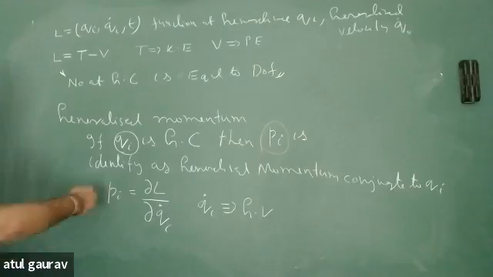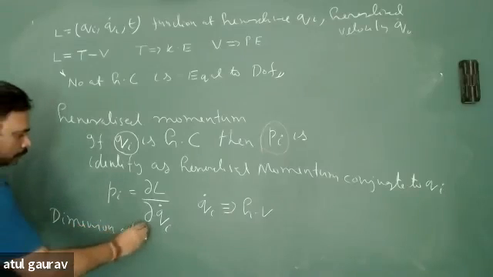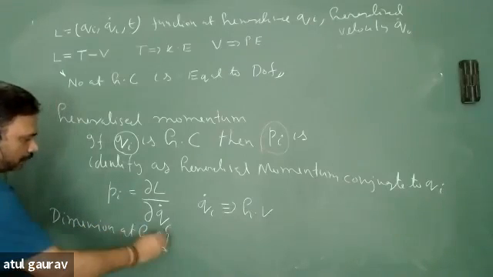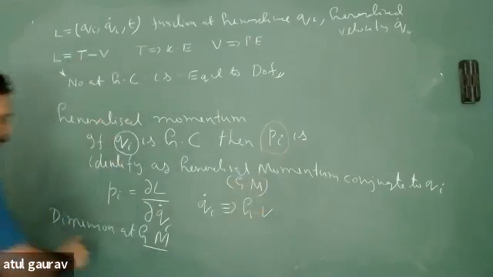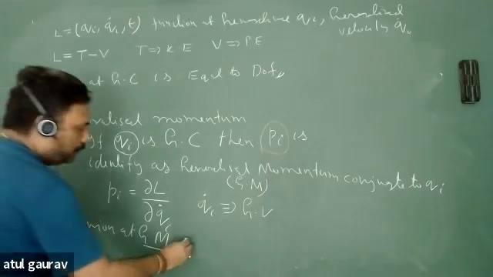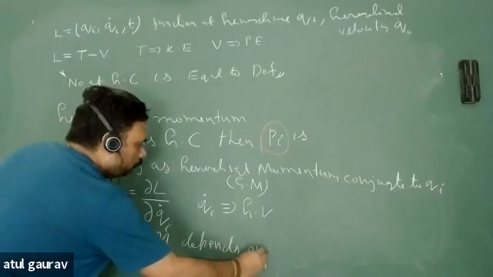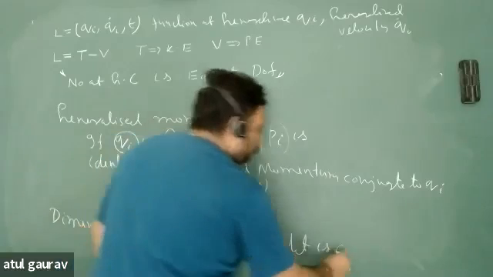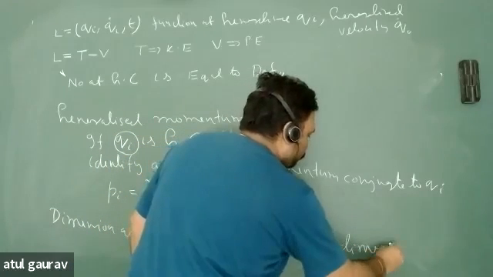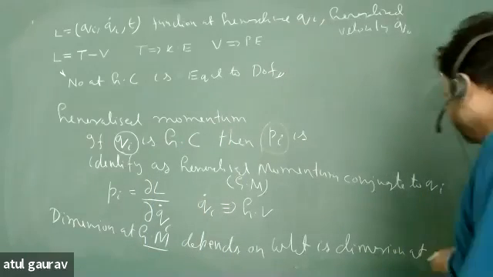The dimension of generalized momentum depends on the dimension of the generalized velocity or generalized coordinate.